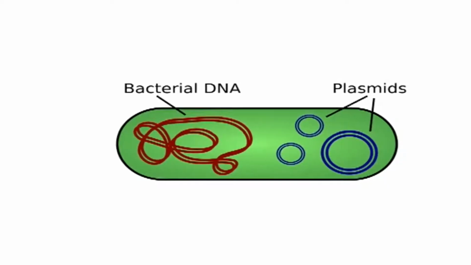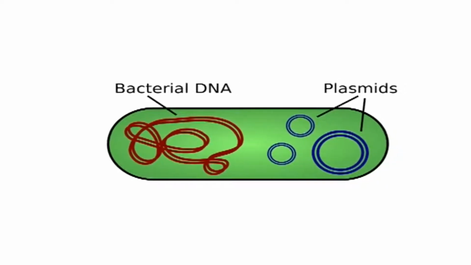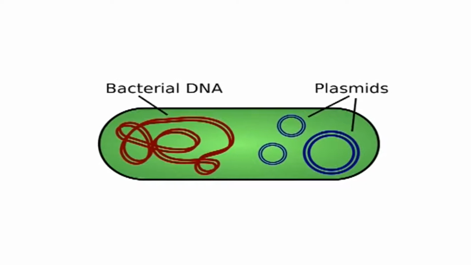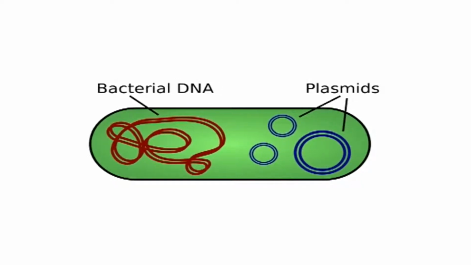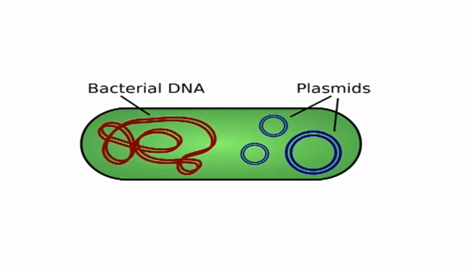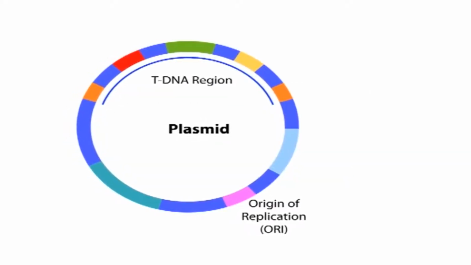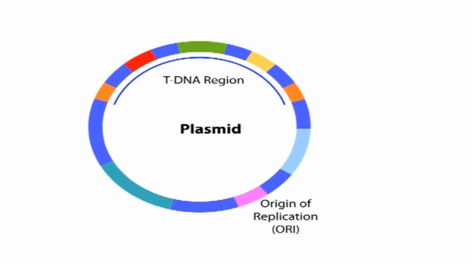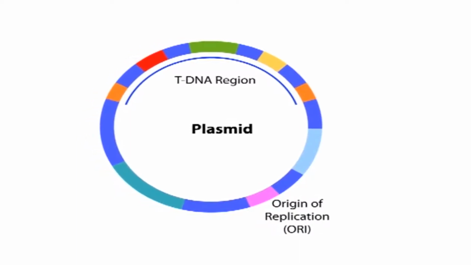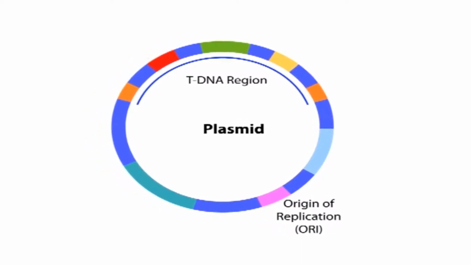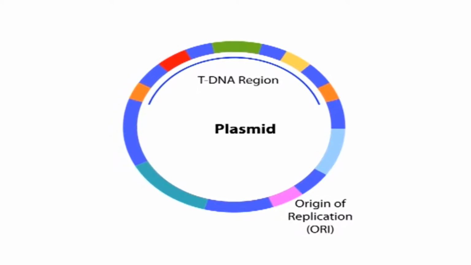Plasmids are the vectors that are most commonly used. They are double stranded DNA molecules that have the capability of automatically replicating in a host cell. Plasmid vectors consist of an origin of replication. So, plasmids are self-replicating in the host cell and also carry the transgene insert.